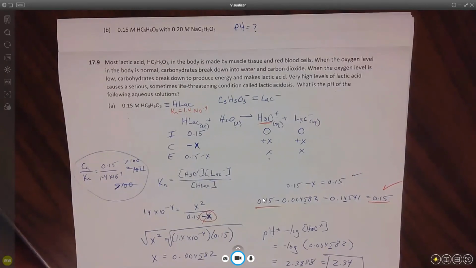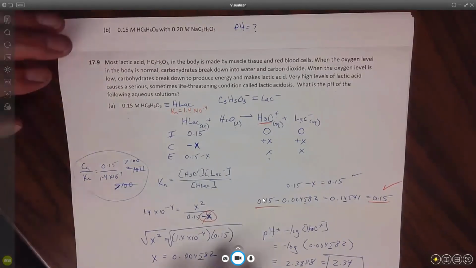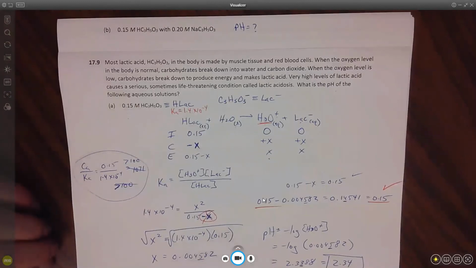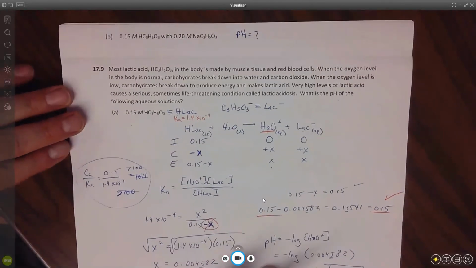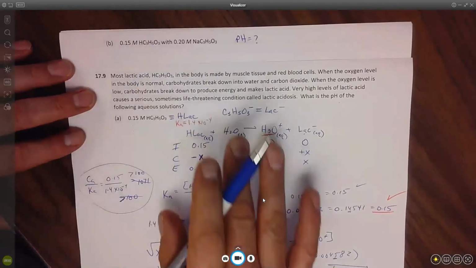You'd set up an ice table again, but in this case, the lactate would have an initial concentration. Okay, so what would be the chemical reaction then that I'm going to use for the ice table? It would be the same as in part A. Okay, so it's just this one, right? So this here again is a weak acid, a weak electrolyte.